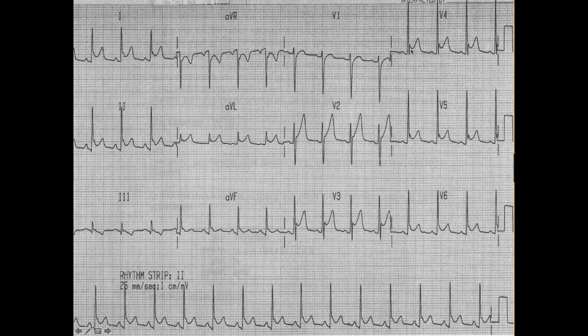Other than that, we do see maybe some concavity to it, and that little notch is like, well, maybe it's benign early repolarization. Well, that AVR ST depression tells me otherwise, and that PR segment depression tells me otherwise. And I'm guessing if you were to talk to this patient, they'd be complaining of chest pain and have some medical history behind that.